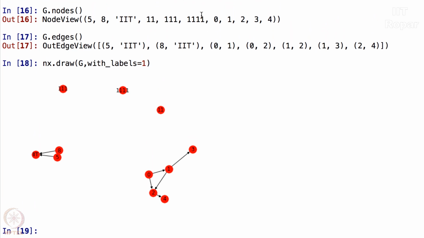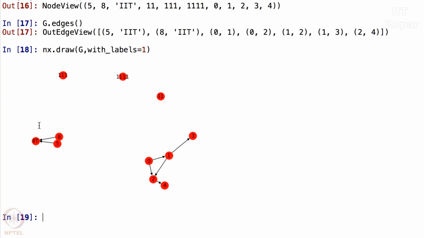I had added them from the list. And these are the extra nodes and edges from H. But please note, this entire graph is our graph G. It's a disconnected graph with how many components? 1, 2, 3, 4, 5. It has 5 components, but this entire thing is the directed graph G.